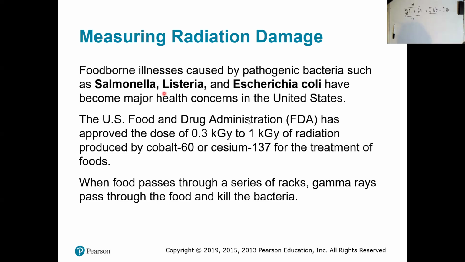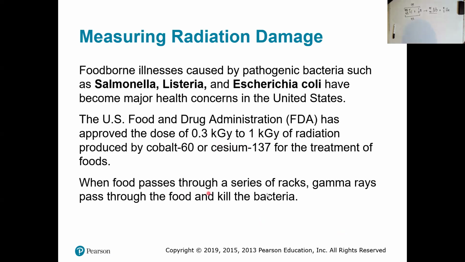So there are doses of radiation that are acceptable in terms of FDA levels that you're allowed to expose different foods to. You treat your foods with that particular amount of radiation, and it can kill some of those bacteria that would be a lot more harmful than the small levels of radiation that you are going to be exposed to through that process.